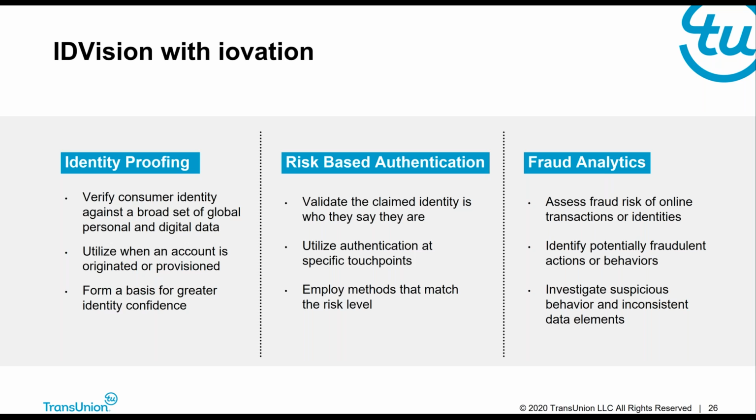What authentication makes sense at login to stop attacks such as account takeover that don't detract from the player experience too much? And then, of course, fraud analytics, being able to look at fraud risk for transactions such as bonus abuse, things like that. So important to be able to prevent those attacks across the player journey.